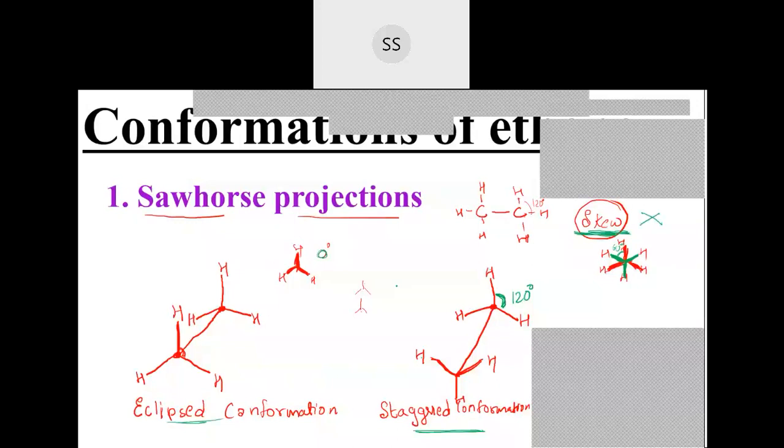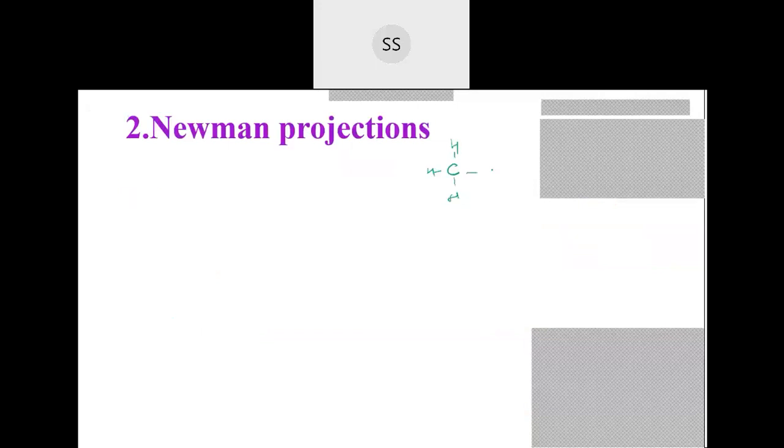Okay, we'll go for the next one now. Another way of representing this is just a representation. How can you represent ethane? One was given by a person called Sawhorse, and the other one is Newman projection. What Newman has done is, in this ethane, where you have 2 carbons and 3 hydrogens each, the front carbon is taken as a dot.